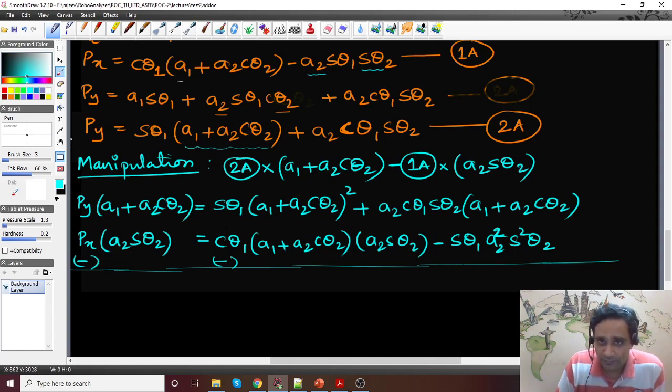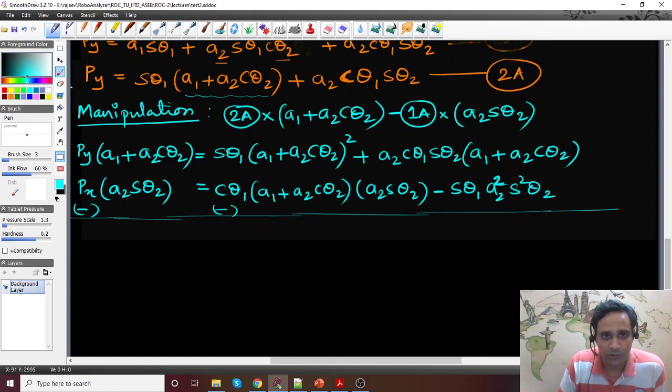And obviously it is mixed with theta 2, theta 1 terms, so we'll not be able to eliminate without using some manipulation. That is what we are trying to do now. Okay, now when you do this manipulation, let me try to do it as much as possible because I'll be using a few shortcuts here, but I would request you to do one step at a time.